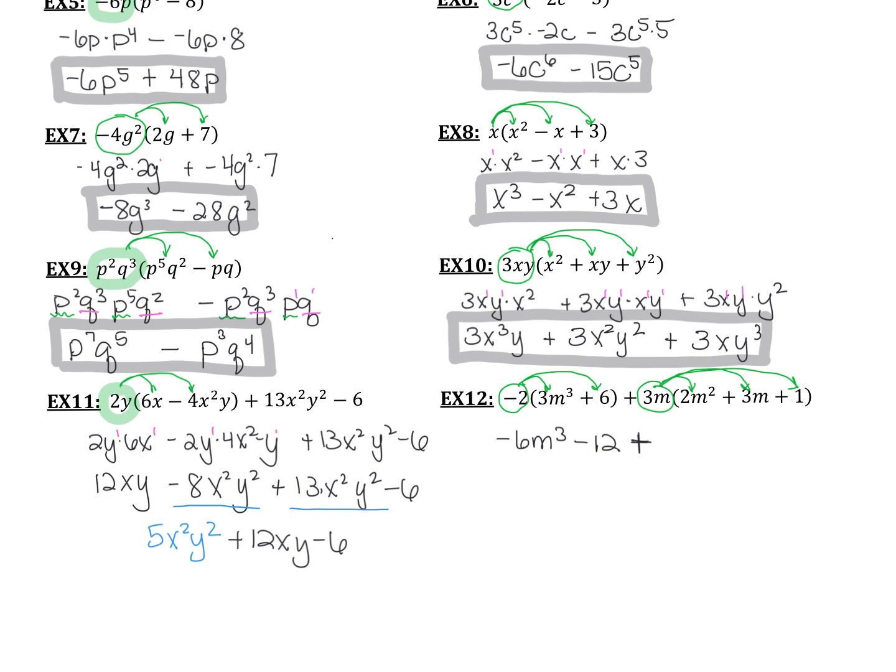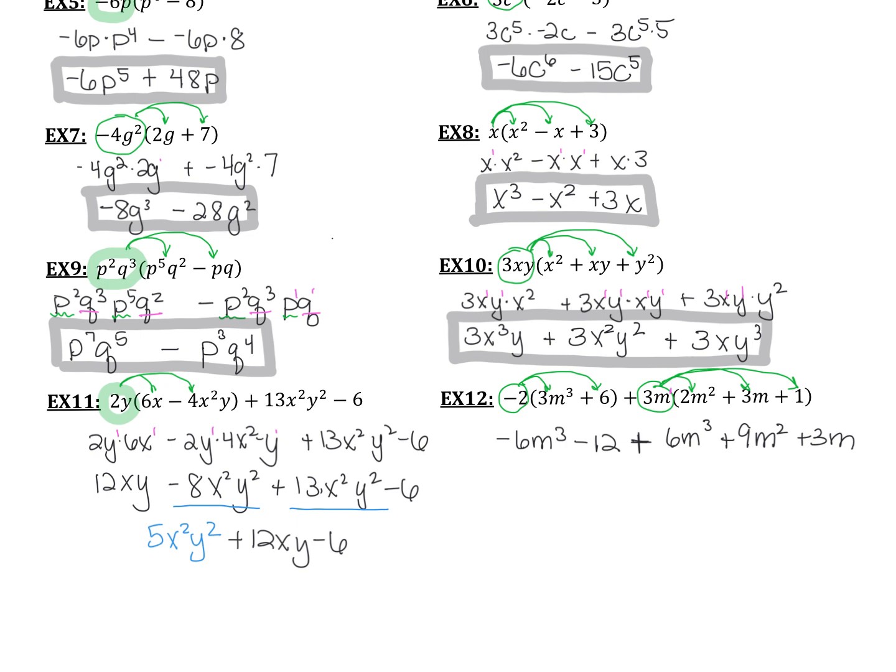Now I'm going to take that 3m and multiply by everything. And remember, this m has a little 1 there. So if I do 3m times 2m squared, I would get 6m to the third plus 3m times 3m would give me 9m squared. And then 3m times 1 gives me 3m.